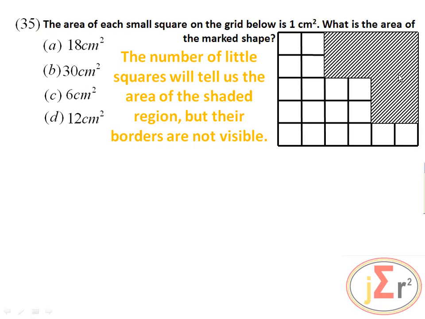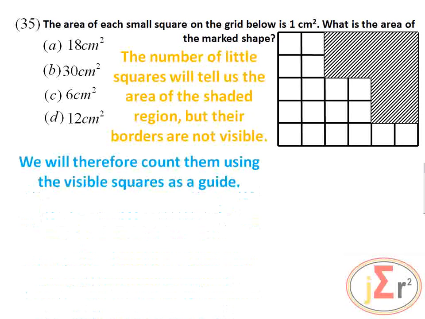How do we count them? Because the area is going to be determined by the number of squares in that region. So we need to be able to count the squares. We will therefore count them using the visible squares as a guide. So the squares that are visible will be used as a guide to the squares that are not visible.